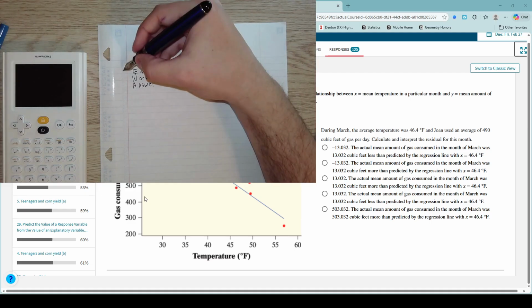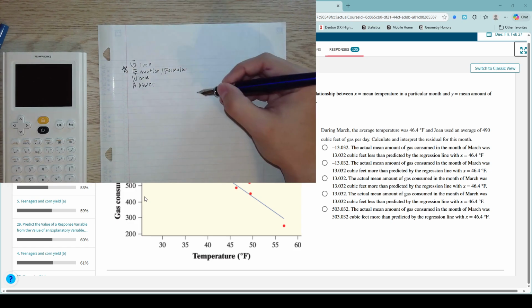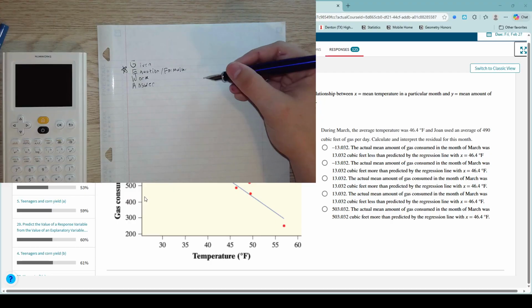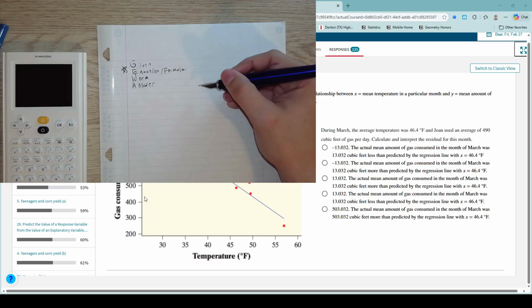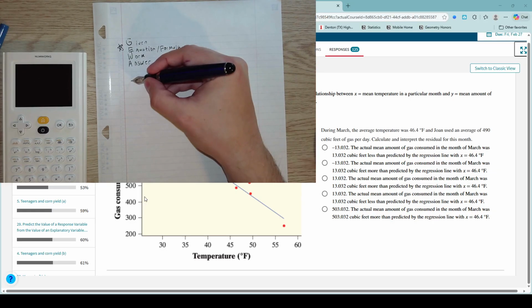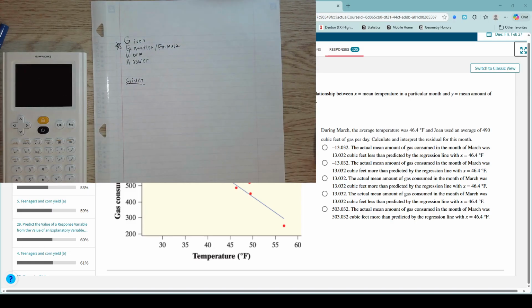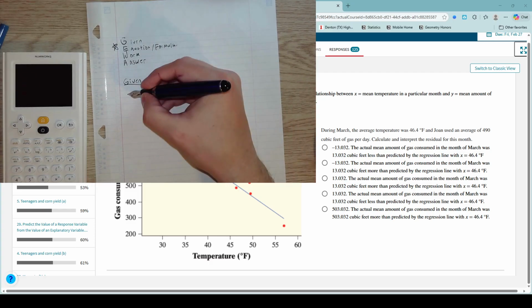So, if you get G and E all written down correctly, typically the W and the A is a lot easier and it comes very naturally. Let's do this problem as an example. So let's start with our given. First of all, we are given the equation of that regression line.